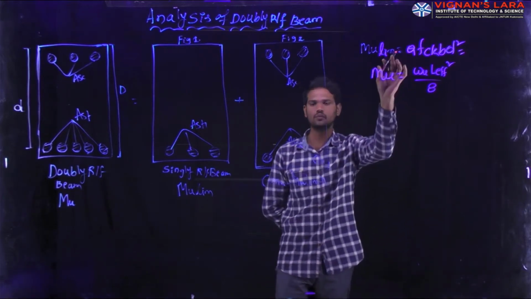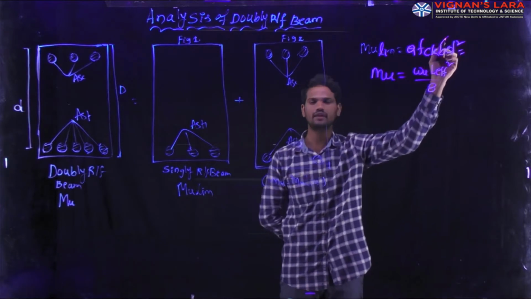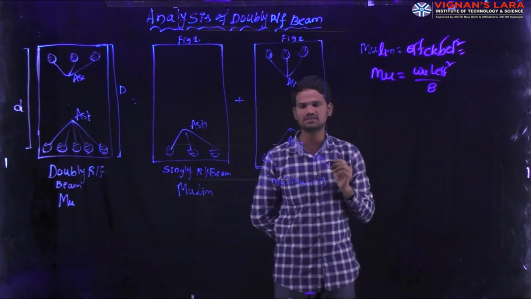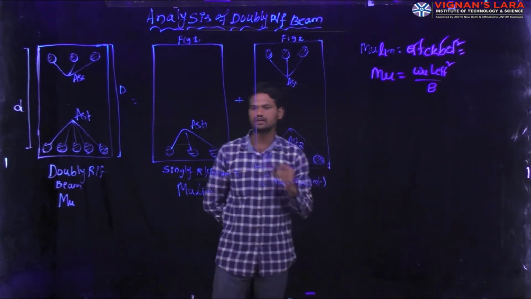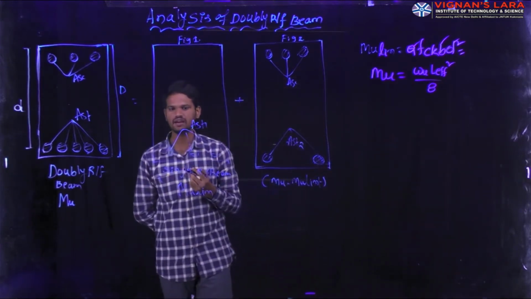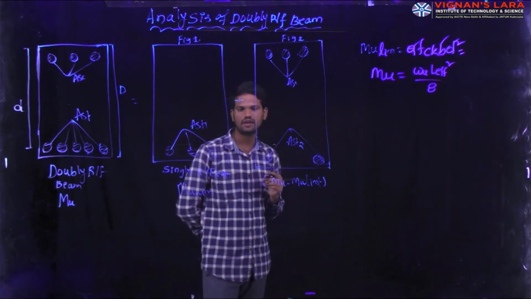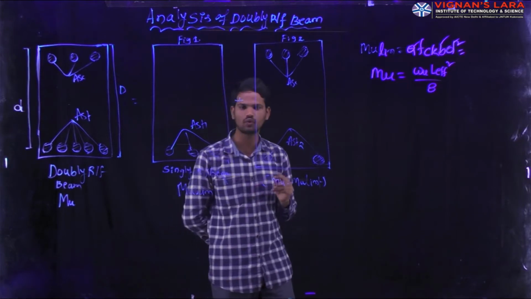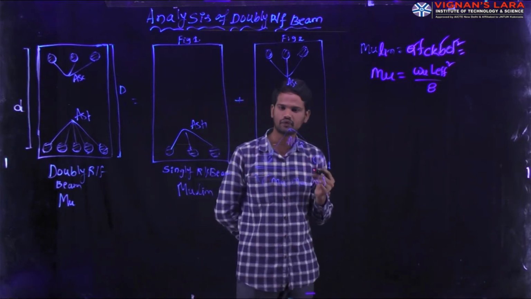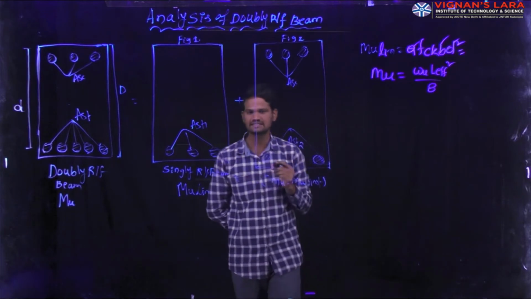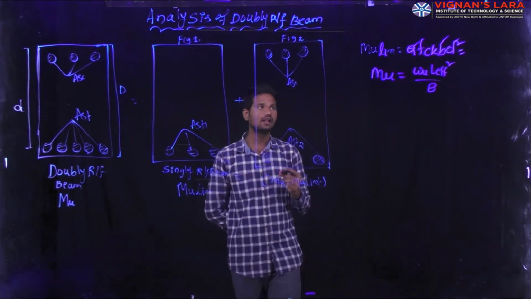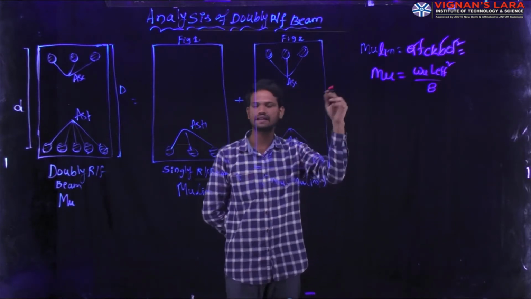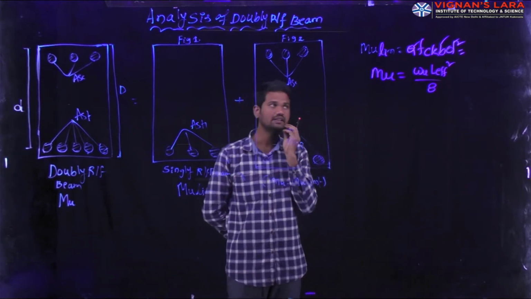This is the limiting moment, where I fix the width and the effective depth of the beam, and Q is a constant that differs for different grades of steel. For Fe 415 we take this value as 0.138, for Fe 250 we consider this value as 0.138, and likewise for Fe 500. Based on the grade of steel, we calculate the limiting moment of the beam.